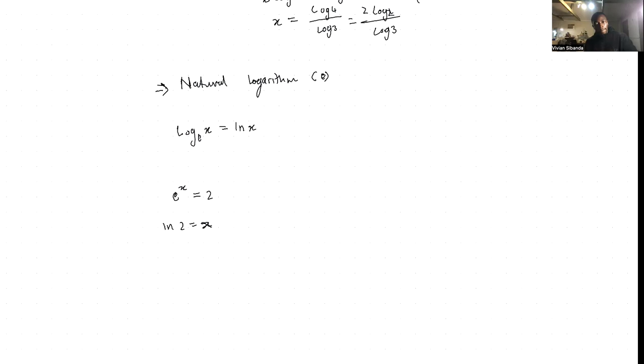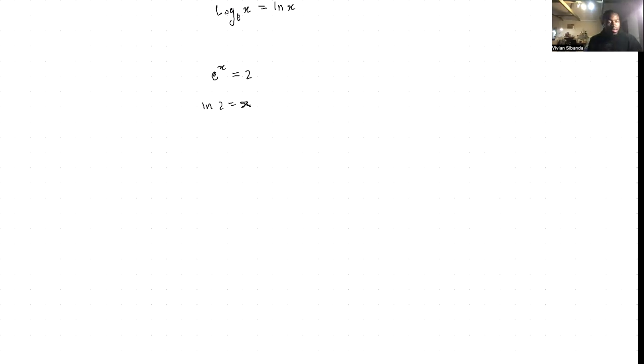So now, what are logarithms used for in calculus? I think you've heard of the product rule, and also the quotient rule. The product rule involves two functions being multiplied together.